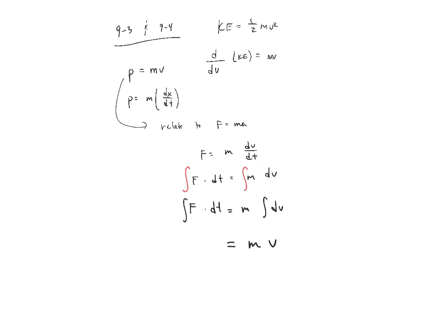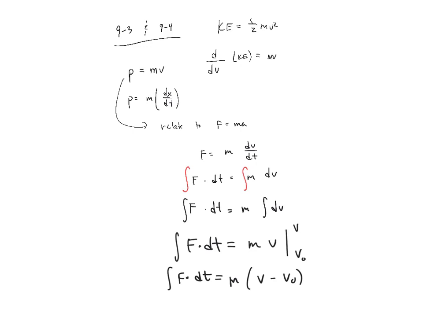And this is going to be v from the initial spot. Let's see. And this is going to be the integral of F dt, which makes this m times v minus v0 equals the integral of F dt.